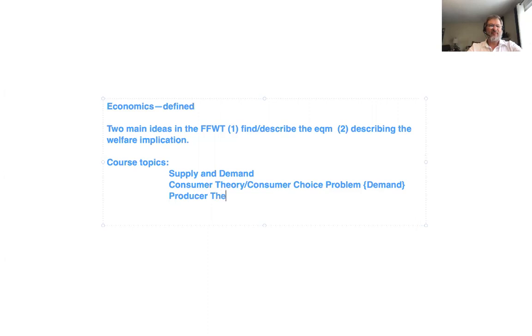Okay. So, and then the last part of the course is what we call producer theory. And some people also call this the theory of the firm, because it's firms or business firms. It's another word for business. So you see the theory of a business or businesses, and the profit maximization problem.